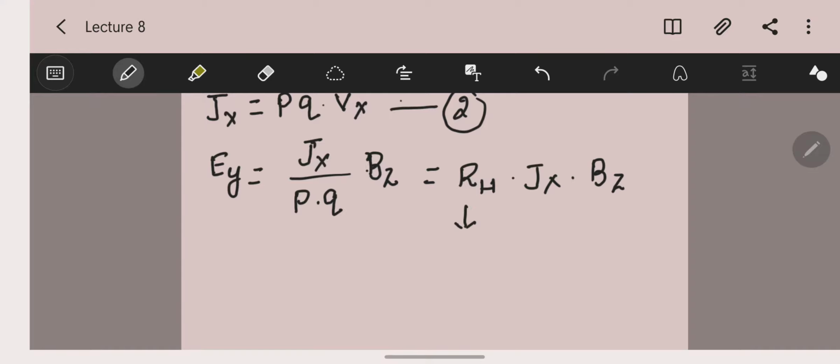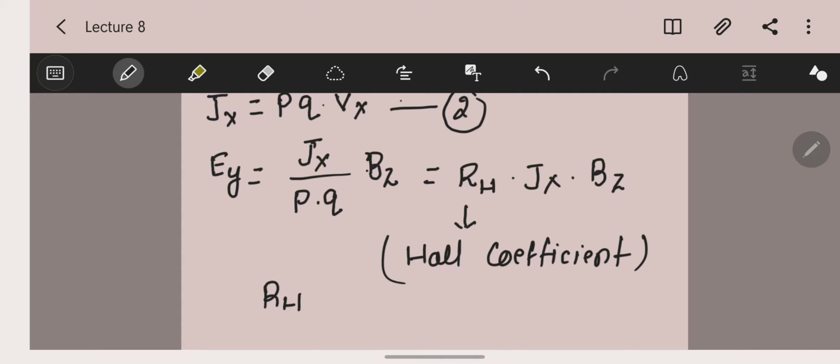RH is known as the Hall coefficient, and RH is equal to 1 by P into Q. This is in case of p type semiconductor material.